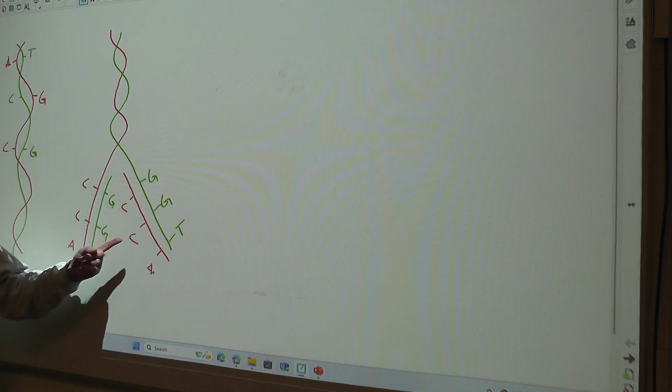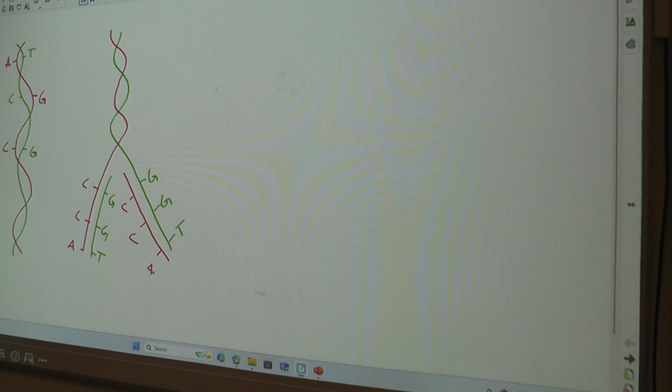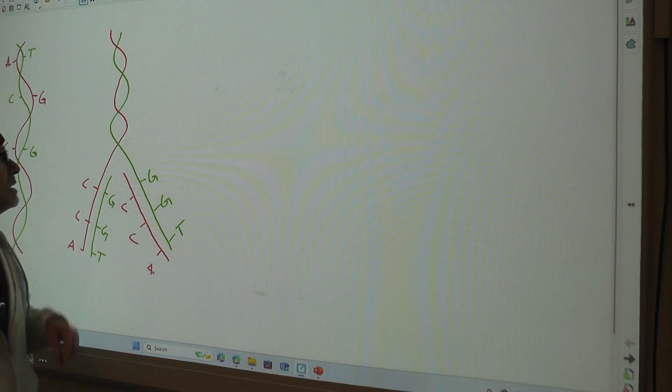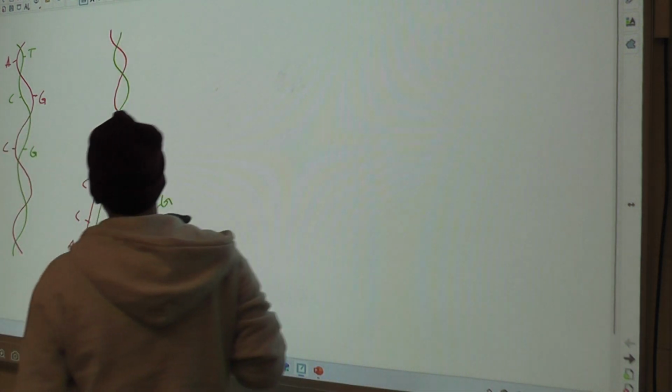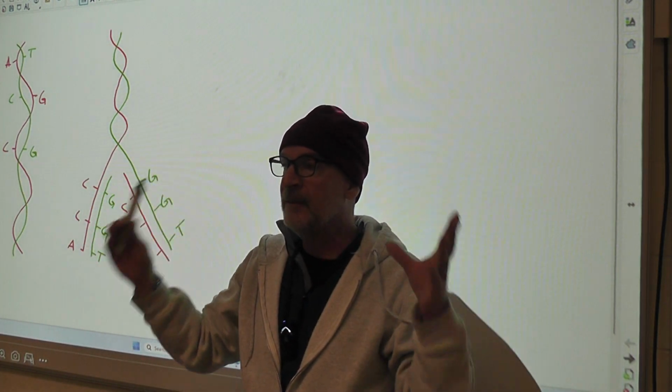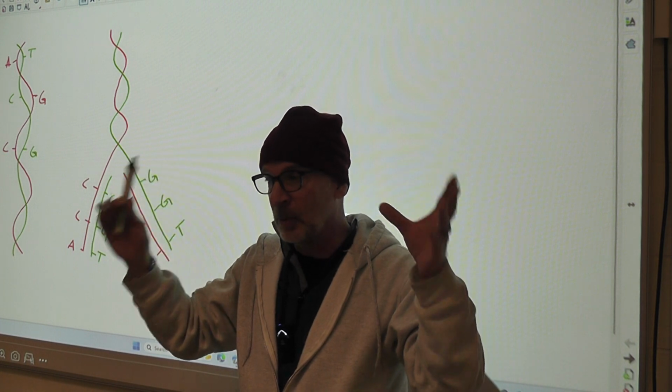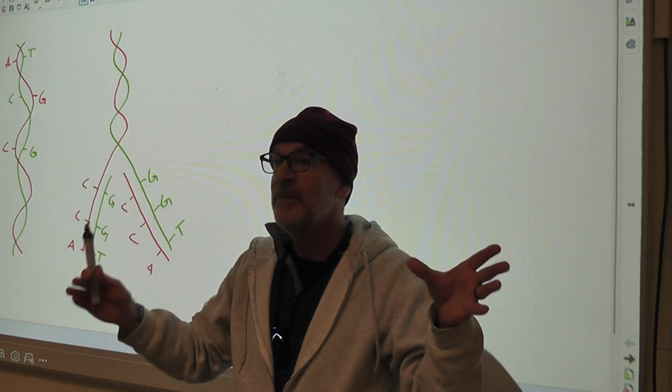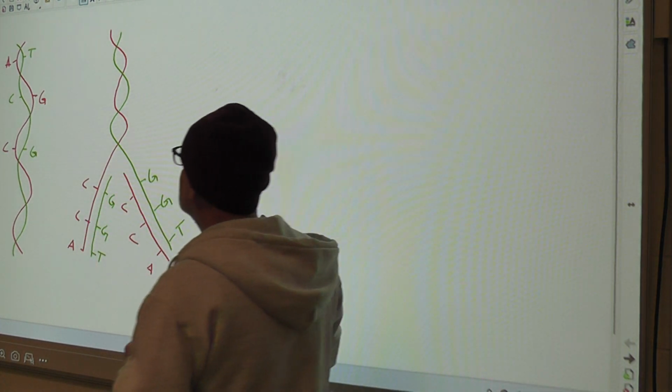How many pieces are there? And it gets even more confusing because when DNA replication is done, we don't actually end up with two physically separate double-stranded chunks of DNA. Instead, they stick together.